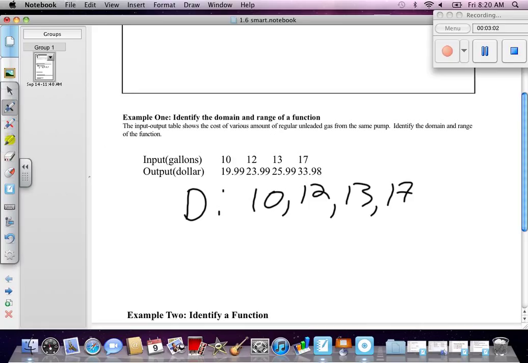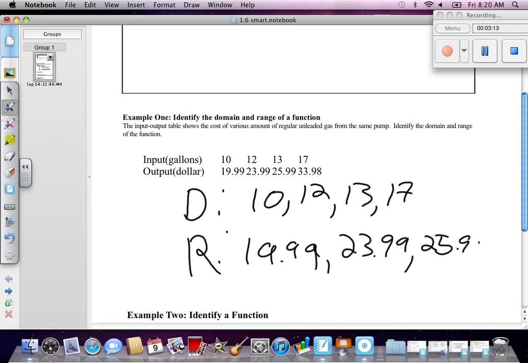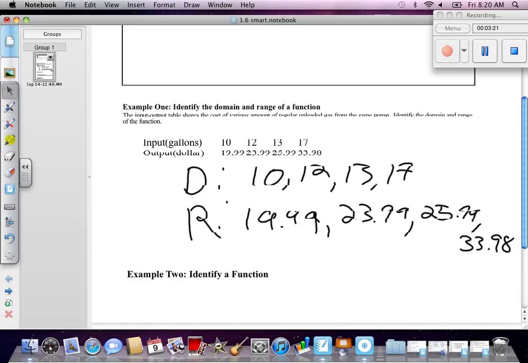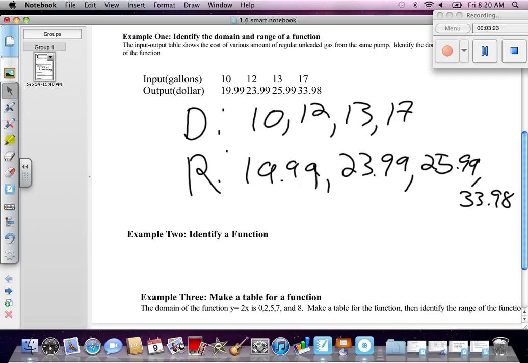The range, those are the outputs. We've got 19.99, 23.99, 25.99, and finally, 33.98. So we've listed all the domains and all the ranges.